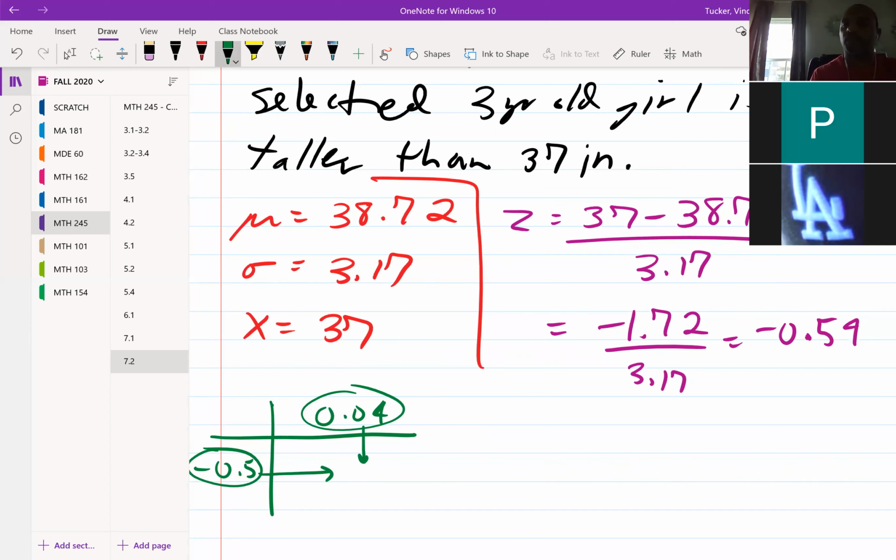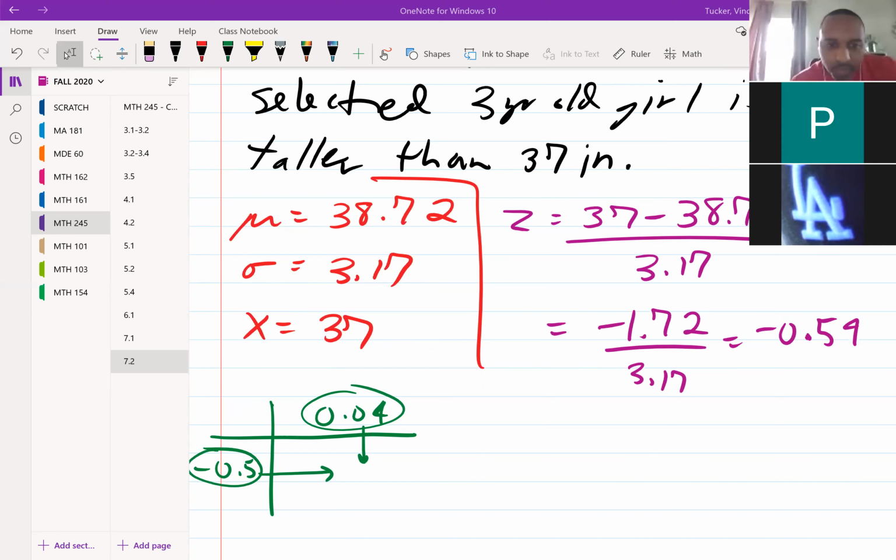So you go to the chart, look for negative 0.5 on that left column. I know I had it on the website. Let me go there. Sorry, y'all, waiting for my stuff to pull up so I can get that value.